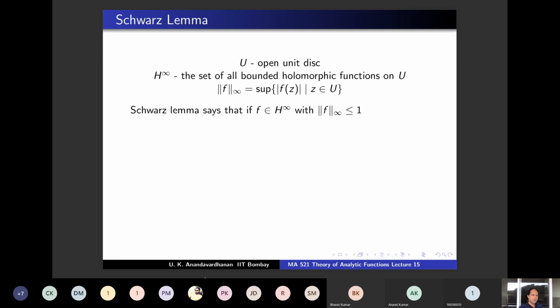If in addition f(0) is 0, then mod f(z) is less than or equal to mod z for all z in U. What is given to you is mod f(z) is less than or equal to 1. You are concluding a bit more using the maximum modulus theorem. We will see the proof.